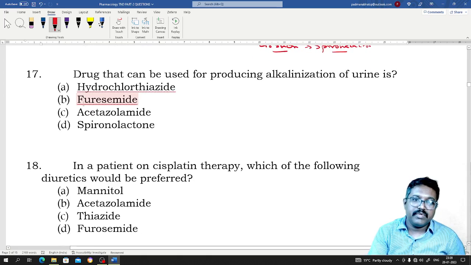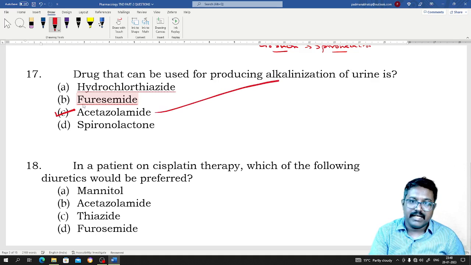So the drug that can be used in producing alkalization of the urine is. So again the direct question. So acetazolamide is used for urinary alkalization. Why you need to do alkalization? To remove some of the drugs. Alkalization is done for weak basic or acidic drugs, so you need to choose the opposite medium. For the weak acidic, it is not the weak base, please remember.